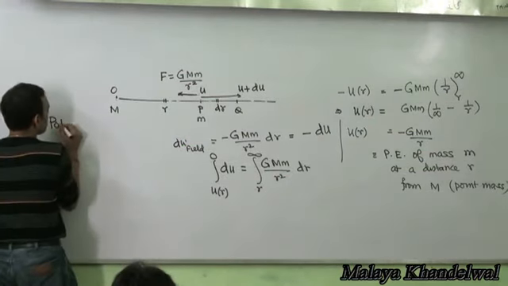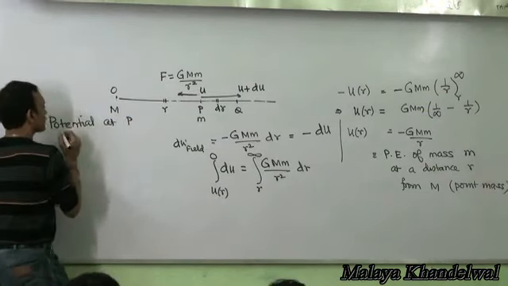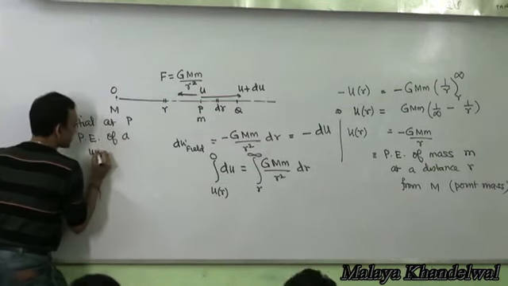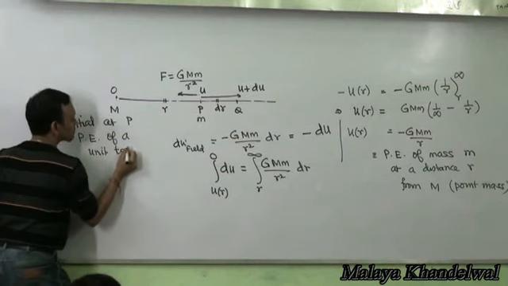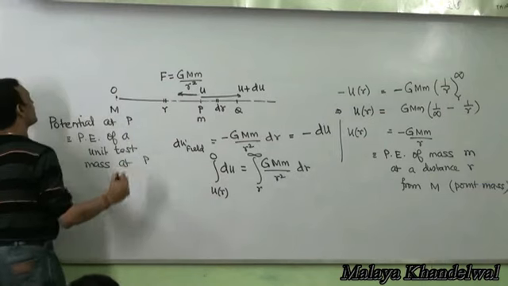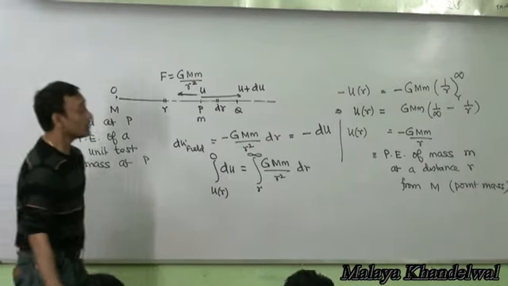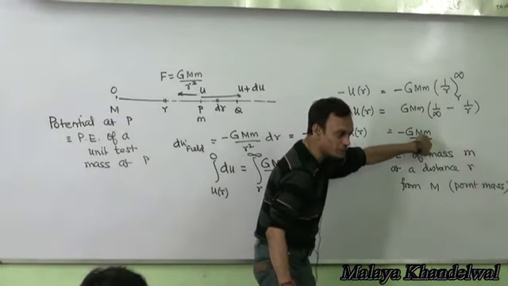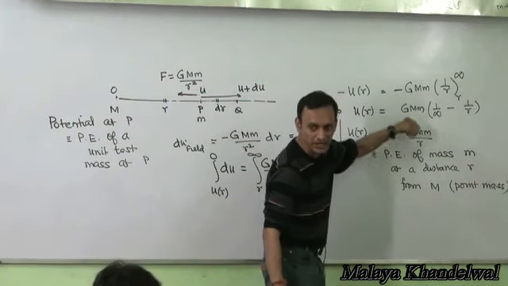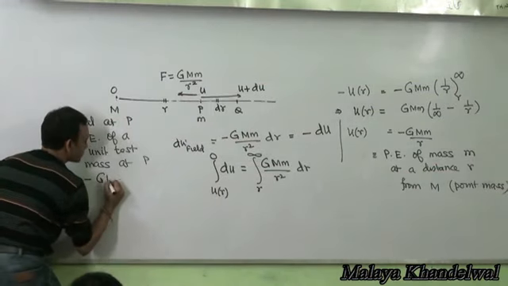We define the potential at the point P as the potential energy of a unit test mass at P. Unit test mass means if you put small m equal to 1, you get the potential energy of a unit test mass at P, which is minus GM by r.